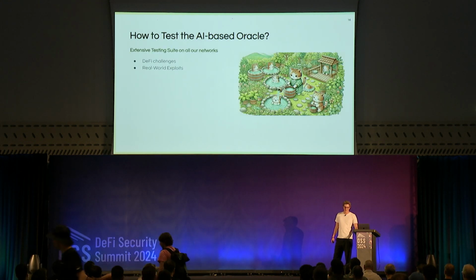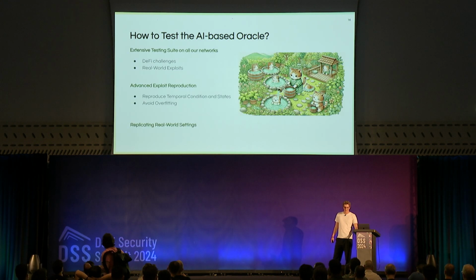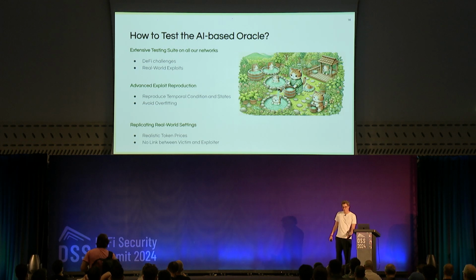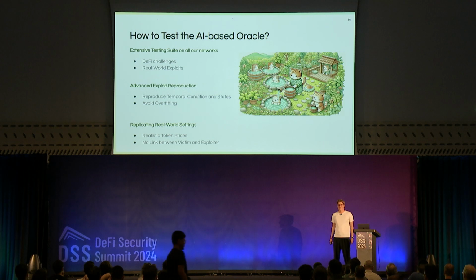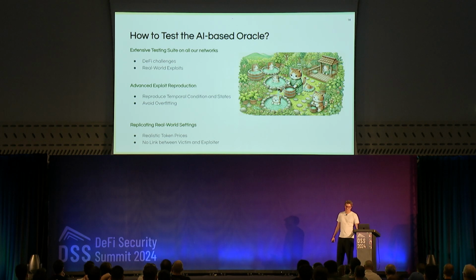So how do you test such an AI-based oracle? Well, it is based on machine learning, so you need to have several things in mind. You do not want to overfit on past attacks, so we introduced an extensive testing suite with bytecode variants, and even reproduced temporal states, smart contract states, and also tested it on multiple real-world exploits to test our machine learning oracle.